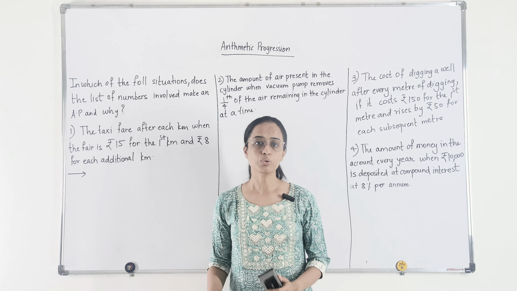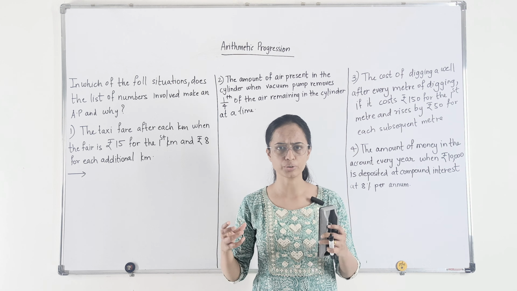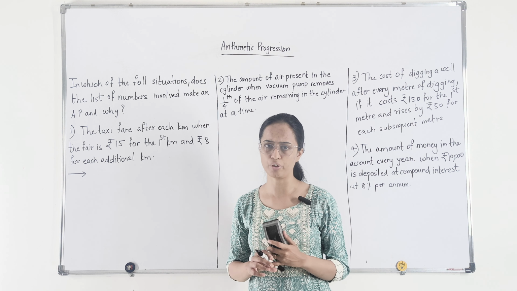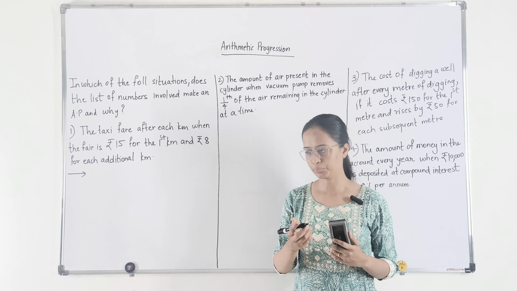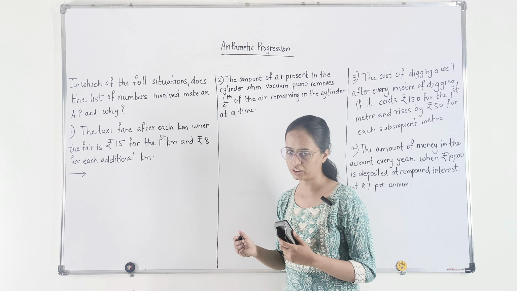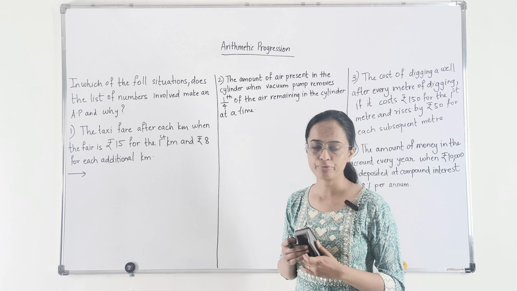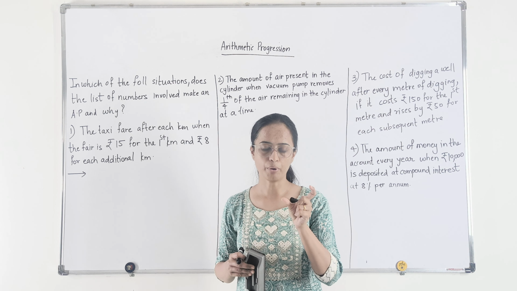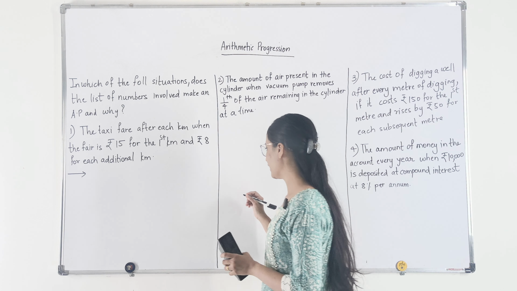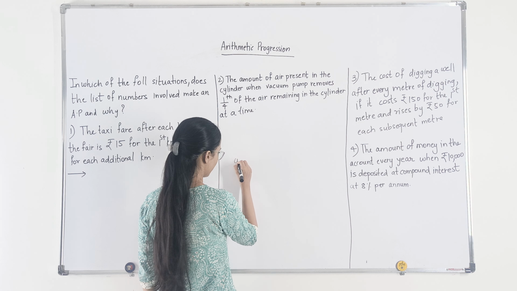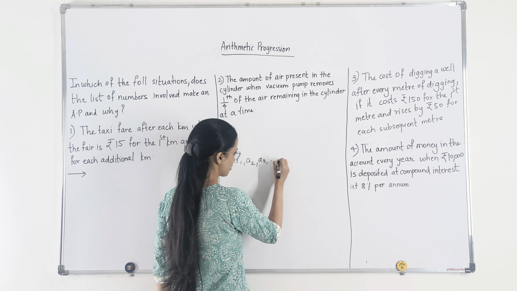For that, you need to know the first term, the common difference, and of course you would be having a sequence in front of you. If you try to recollect what was told in the last video, your first term would be the first term of the sequence, that is A. And the common difference is actually the most important concept in arithmetic progression. Let's say you have a sequence A1, A2, A3 and so on.